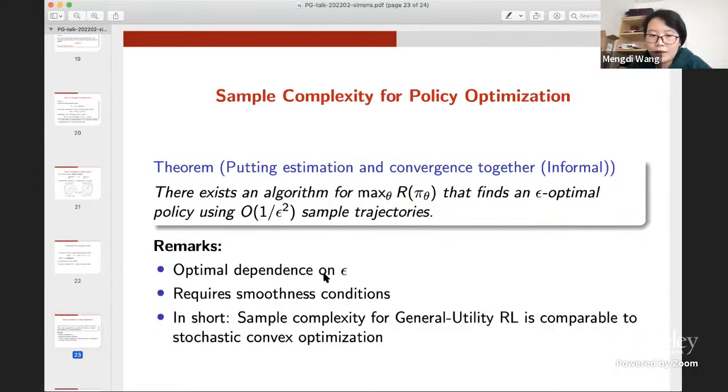Also, what's interesting is if we compare those convergence results and sample efficiency results with convex optimization, one can conclude that both iteration complexity and sample complexity for solving this general utility RL problem are comparable to stochastic convex optimization, which means that the problem is, from an optimization perspective, not as hard as we might have expected.